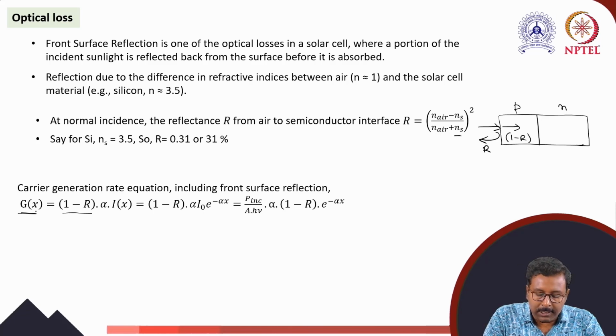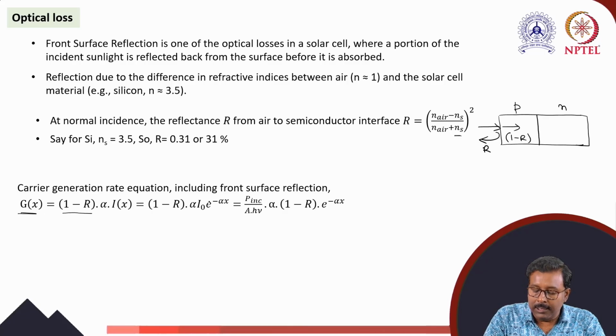So the generation rate, including the front surface reflection, can be expressed as (1 minus R) into alpha into I(x), and I(x) is nothing but I0 e to the power minus alpha x. I0 is the intensity of light at the incident point, and this generation rate is at any point x.